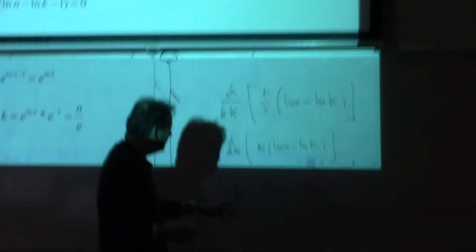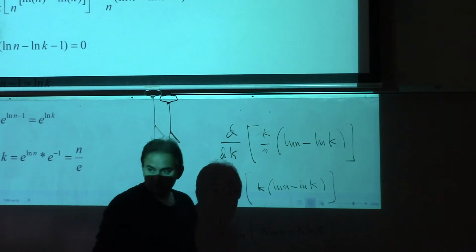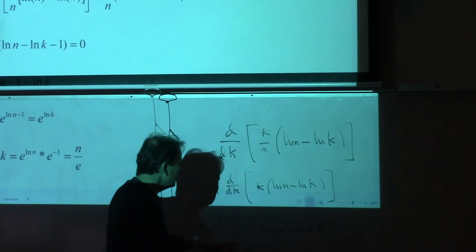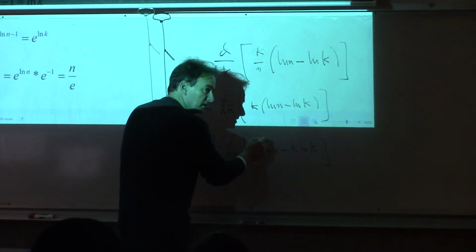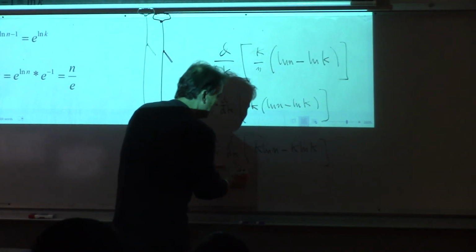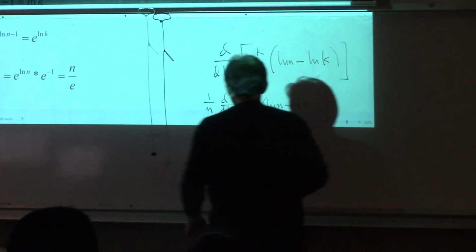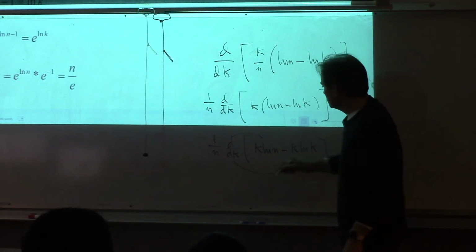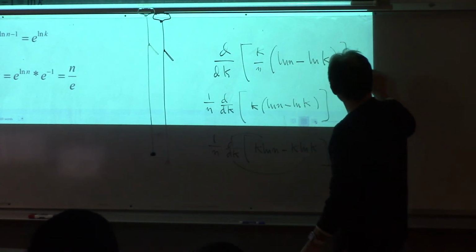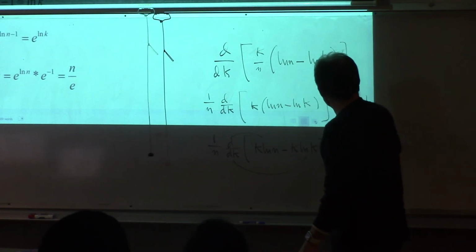Now, the derivative of a difference is the difference of the derivatives of each part. So the derivative of this minus this is the derivative of this minus the derivative of that. When we take the derivatives, remember, the only thing that's variable is k. So when I finish the derivative, I'm going to end up with 1 over n still staying there.